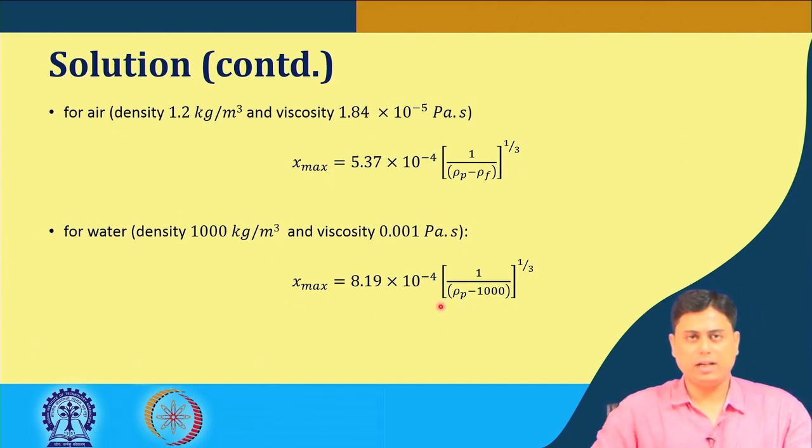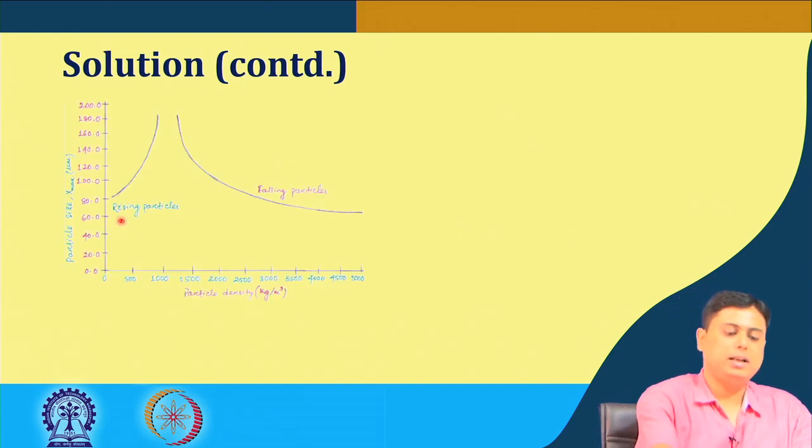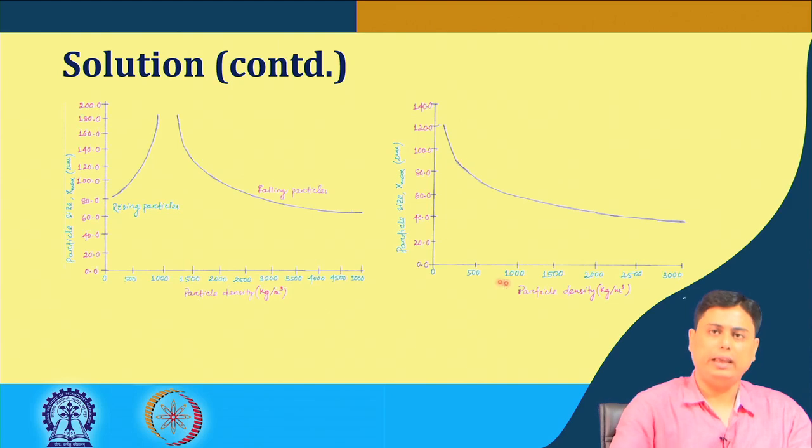The rho p range that has been asked was 2 to 8000. So starting from 2 to 8000, for each rho p, or at intermediate or equal intervals, we can find out what is the x max to find its profile. The profile looks something like this in water, and the other one is for the air.